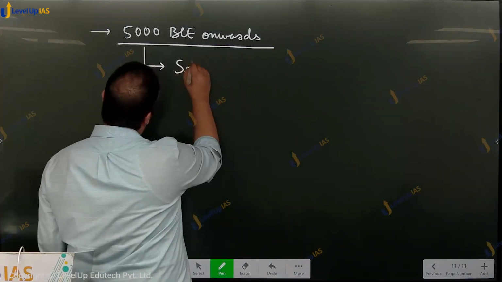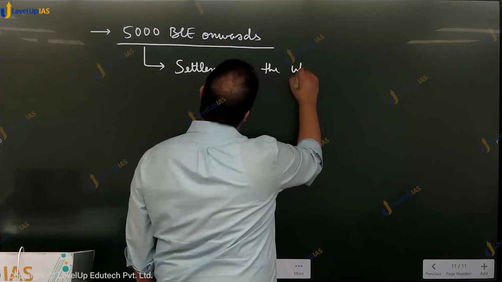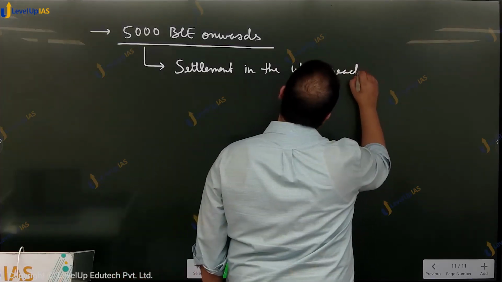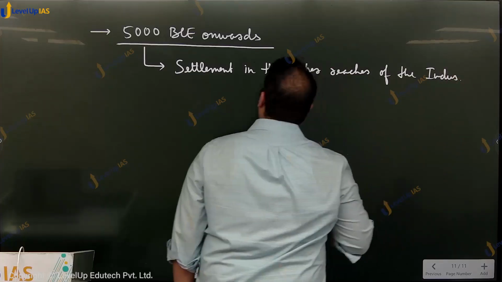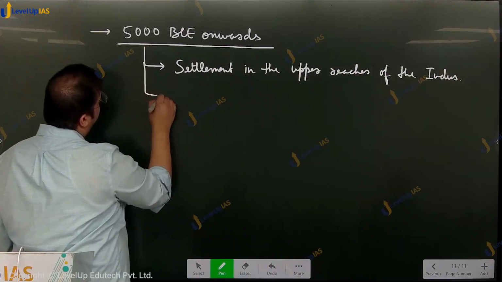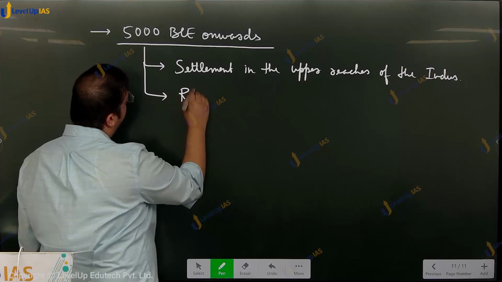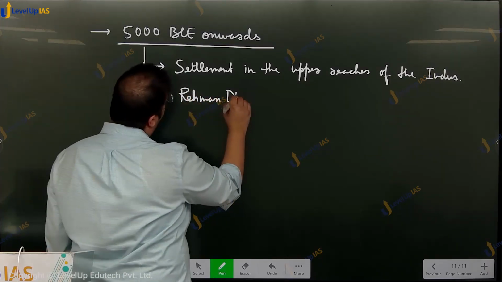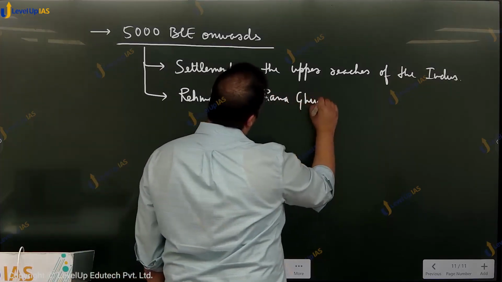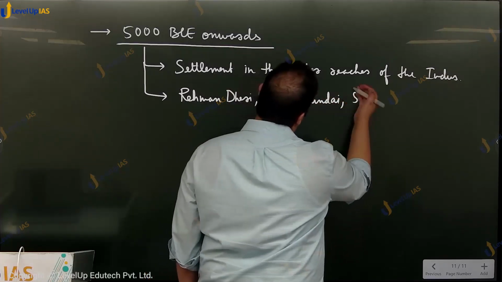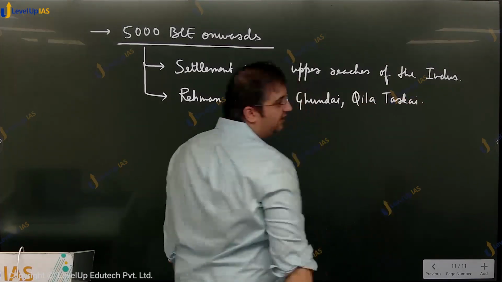So settlement in the upper reaches of the Indus started, resulting in the emergence of new Neolithic villages at places such as Rahman Dheri, Rana Gundai, Kila Tarkai, etc. Right?